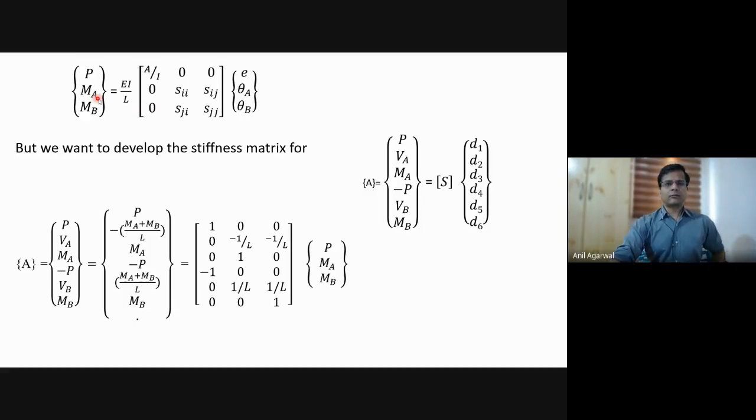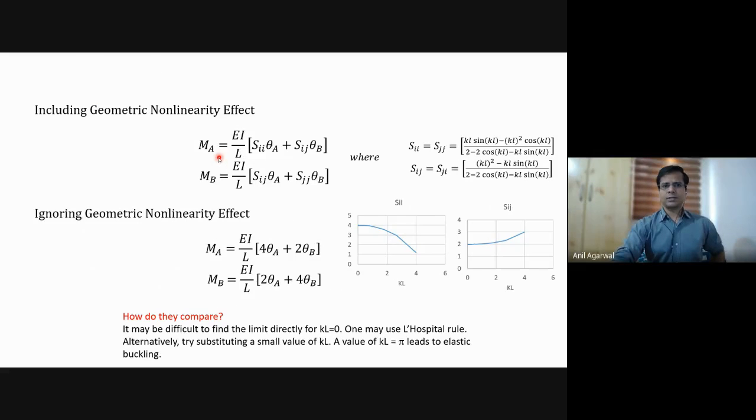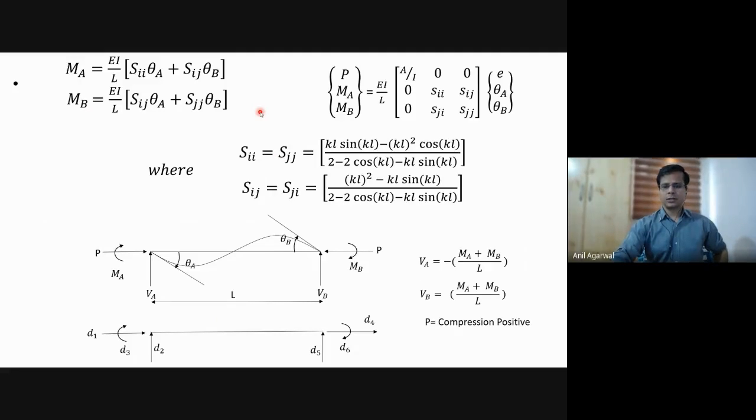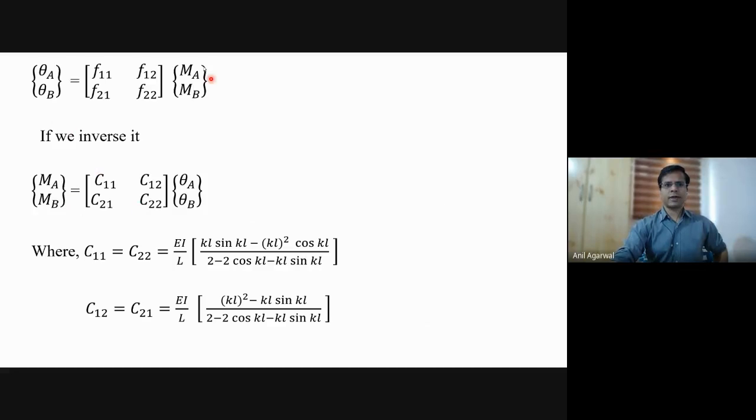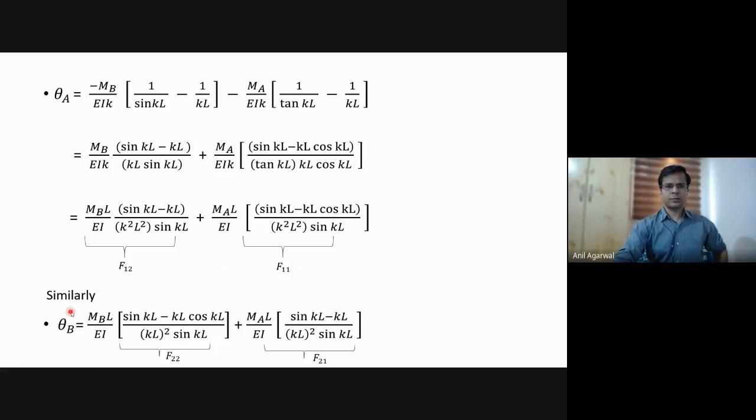So what we have derived in this step here is MA as a function of theta A and theta B. In the previous step, we had derived theta A and theta B as a function of MA and MB. This formulation was theta A equal to something multiplied by MB plus something multiplied by MA. Then we solved it to reverse the order.